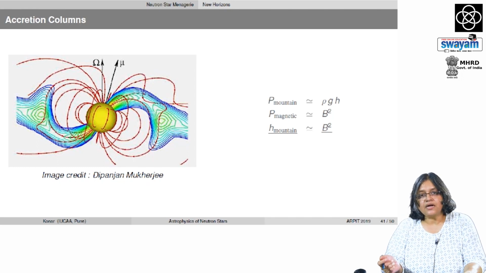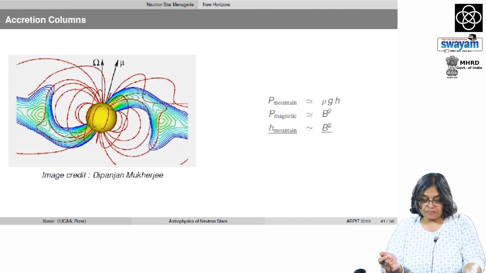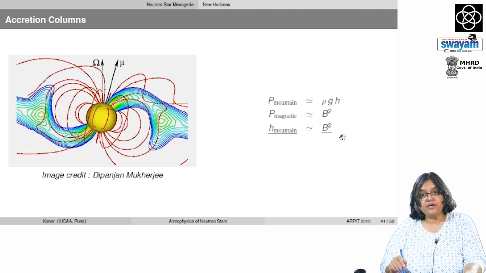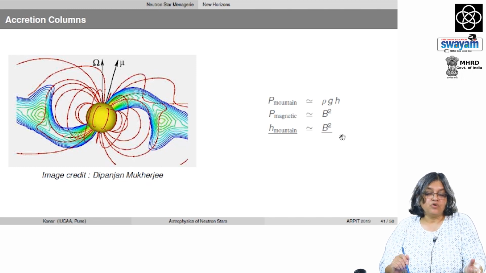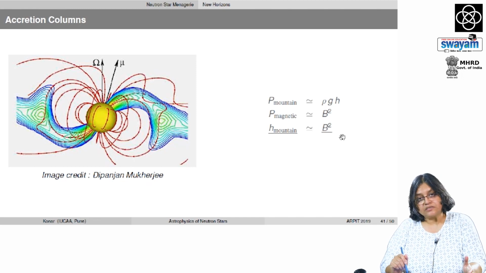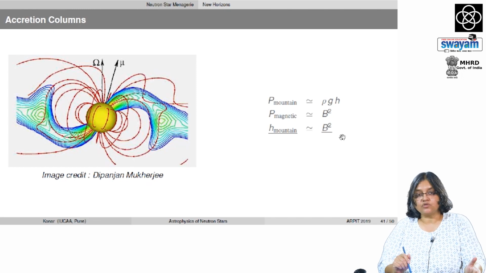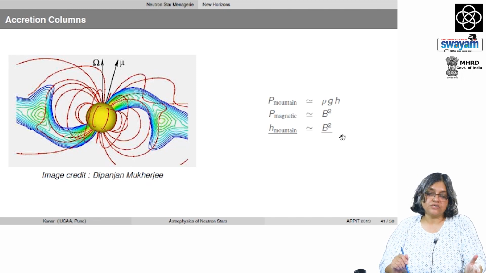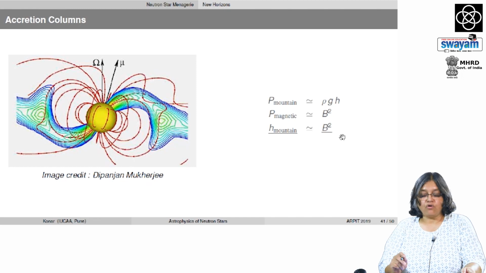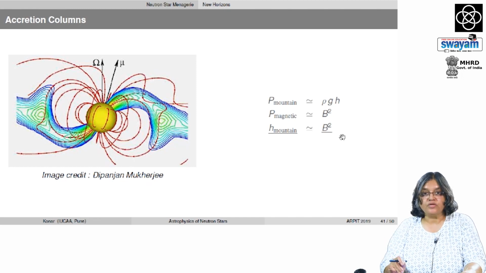Then there is another kind of surface inhomogeneity one can think of: accretion columns on accreting neutron stars. Here the height of the mountain would basically depend on the strength of the magnetic field, and we expect that that would give a neutron star a much larger mass quadrupole moment, which would give us a larger amplitude of the gravitational wave generated.